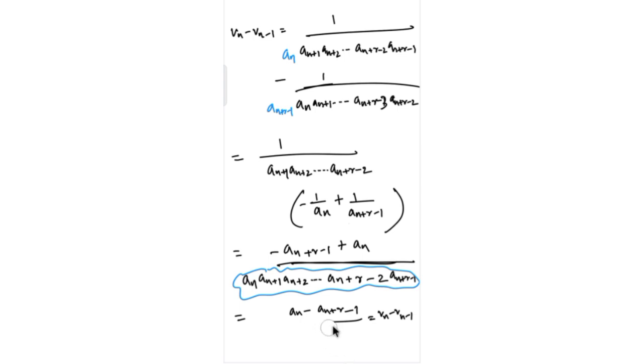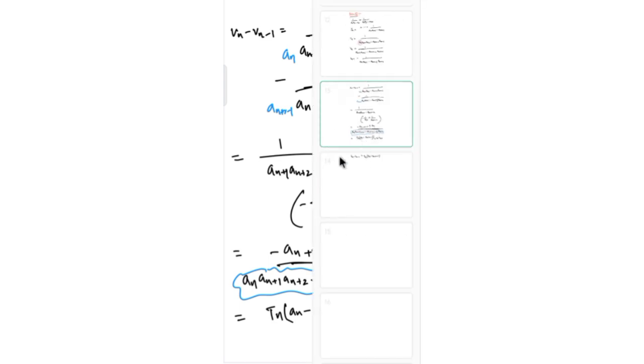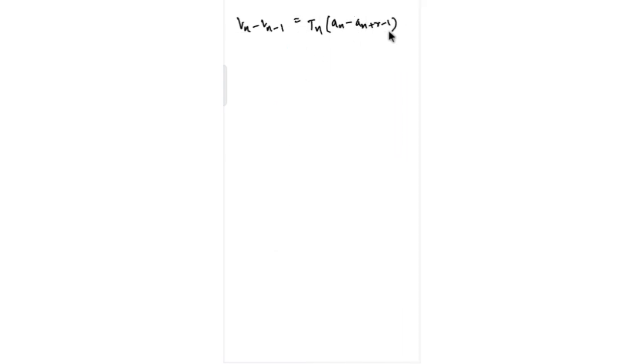Yeah, this is actually 1 by Tn, so 1 by Tn is Tn into an plus an Tn an minus an plus r and minus r minus 1. So using the same thing, because they are in AP, Tn of a1 plus n minus 1 into d minus a1 plus n plus r minus 1, which is minus 2 into d.